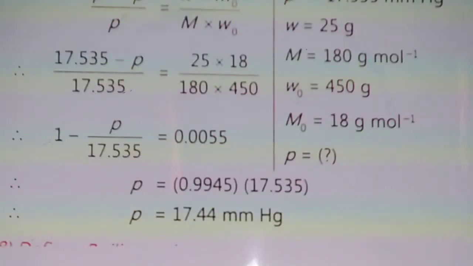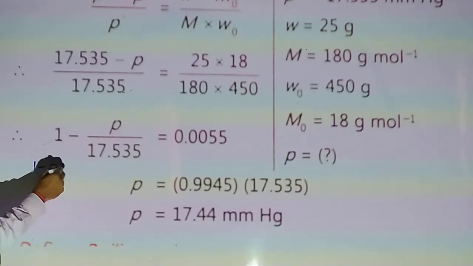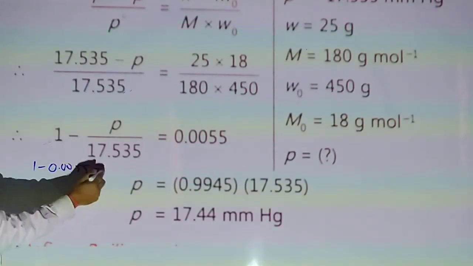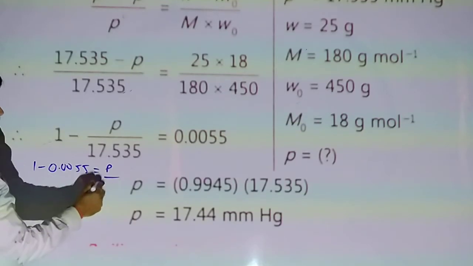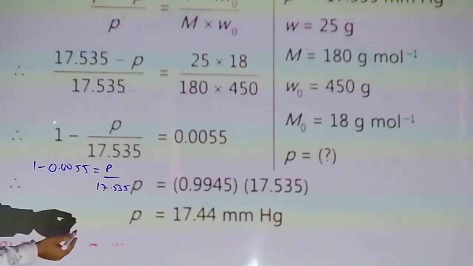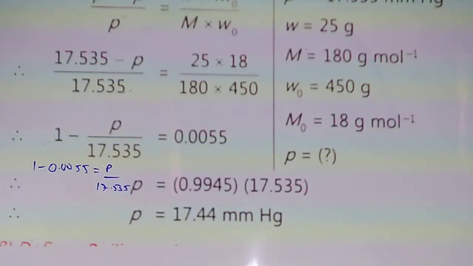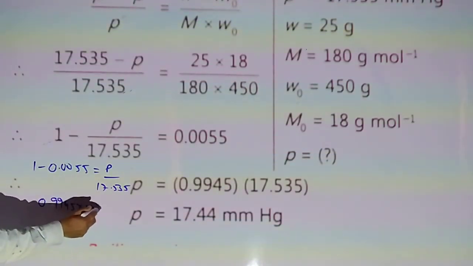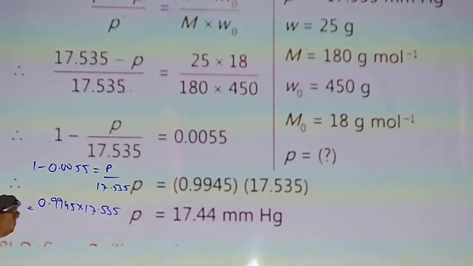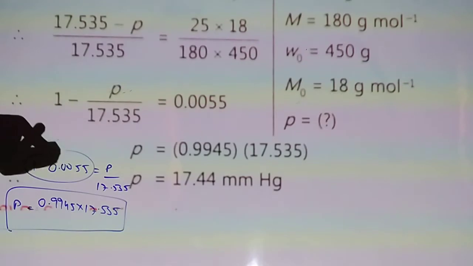So 1 minus 0.0055, so P upon 17.535 is 0.9945. Multiply by 17.535, so the pressure will be 17.44 millimeter.